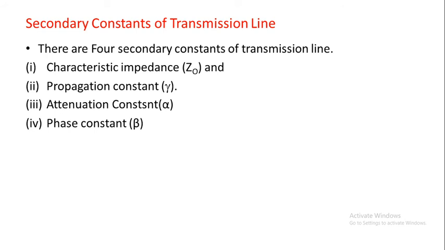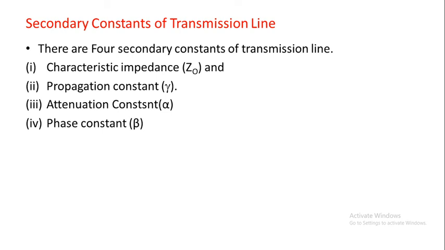Now next are the secondary constants of a transmission line. There are four secondary constants, though in some notes only two are given: the propagation constant and the characteristic impedance. The propagation constant is equal to alpha plus j beta, where alpha is the attenuation constant and beta is the phase constant.